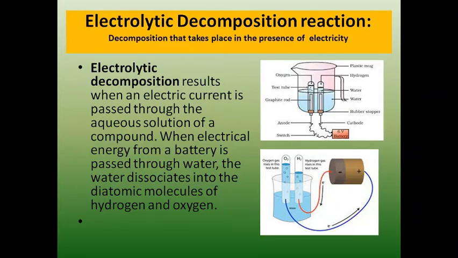Or we can say, in other words, electrolysis of water shows that the water compound is made up of 2 parts of hydrogen and 1 part of oxygen. So the formula of water is H2O. I hope you understood. This is the example of electrolytic decomposition reaction.